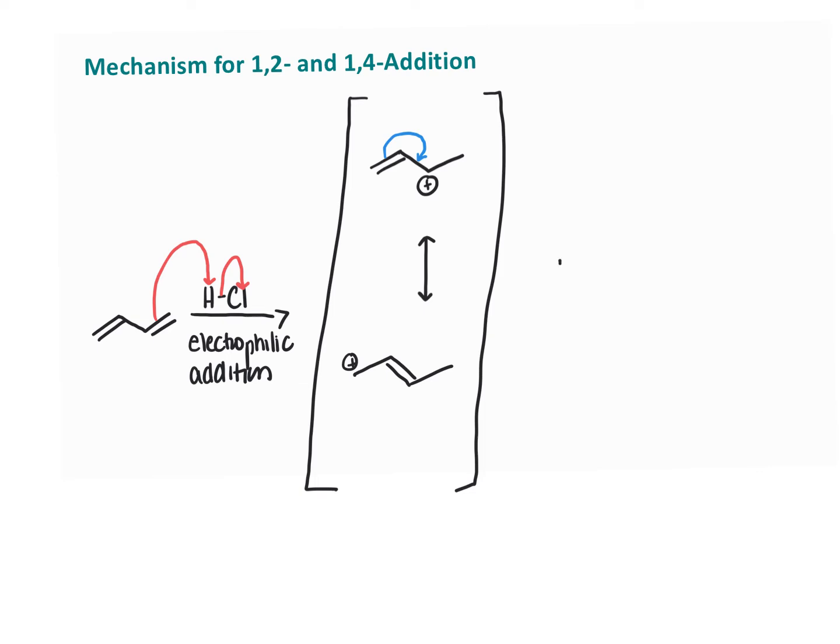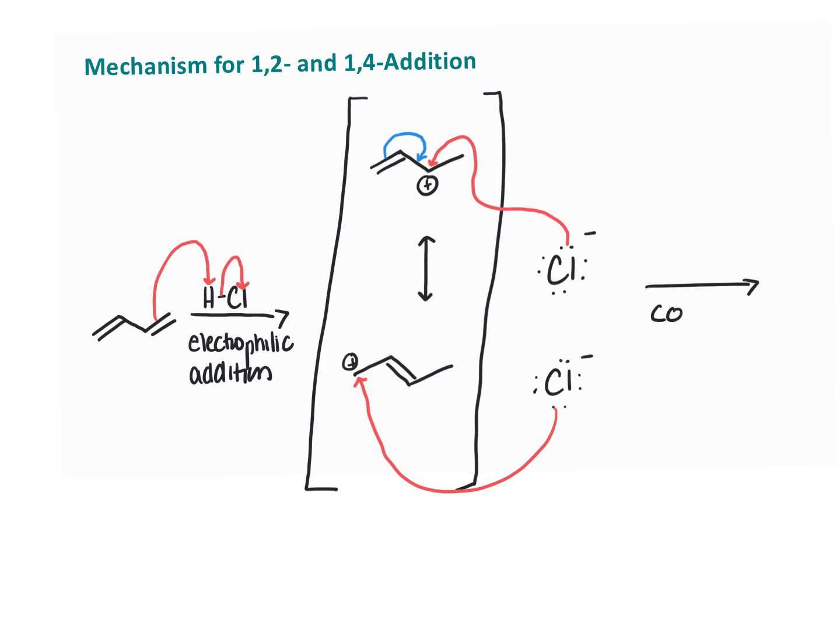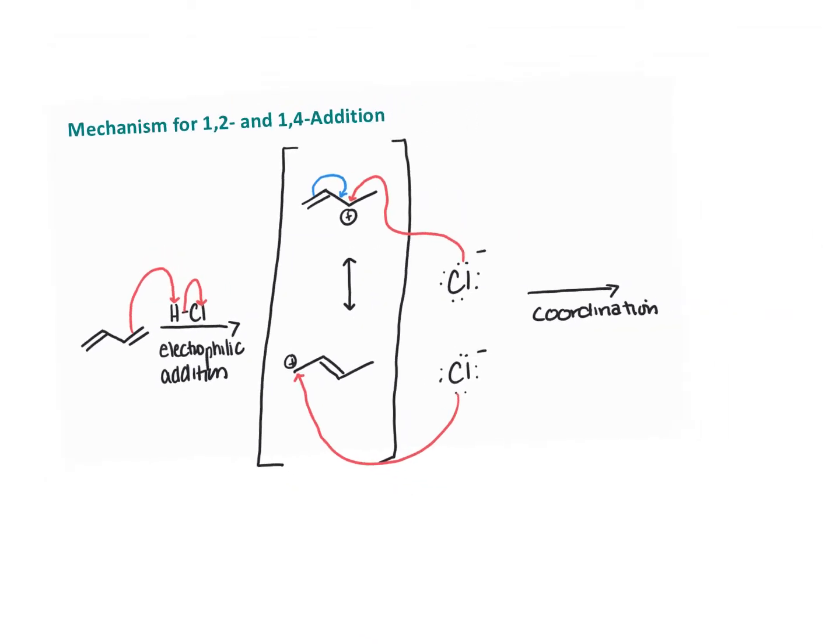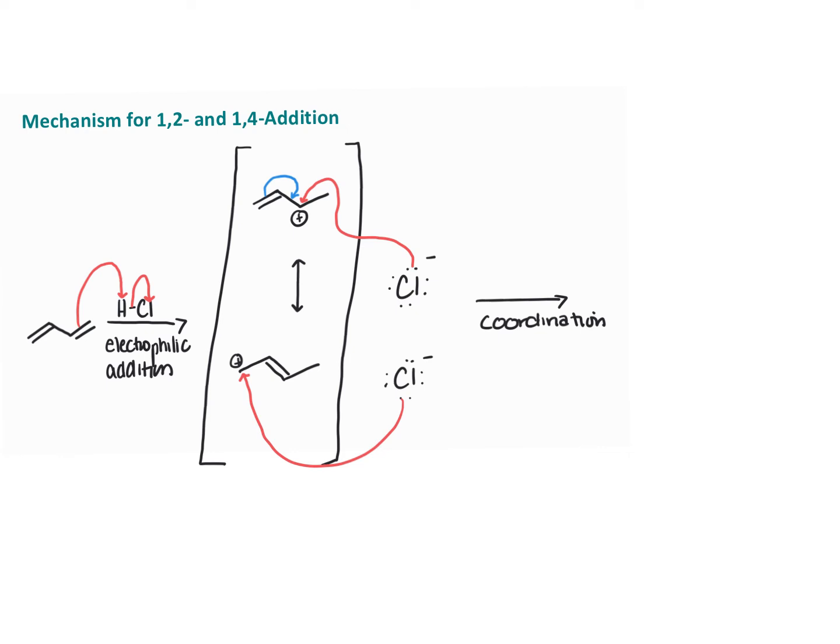Now, chloride here can add to either one of these. So one chloride comes up and adds right there to that carbon, and then another chloride comes up and adds right there to that carbon, through coordination reactions. And when we've added through these coordination reactions, that's how we get the two products.